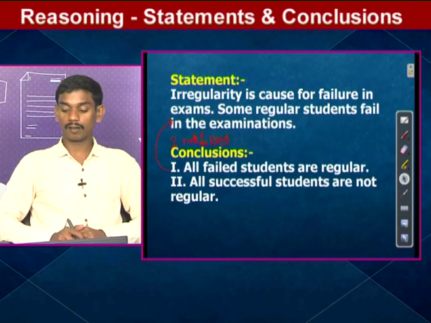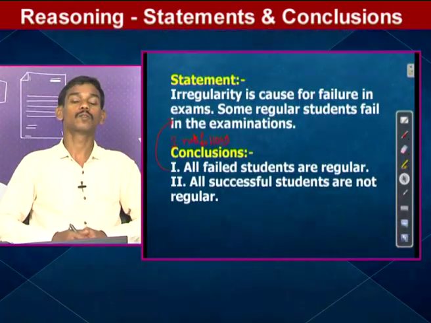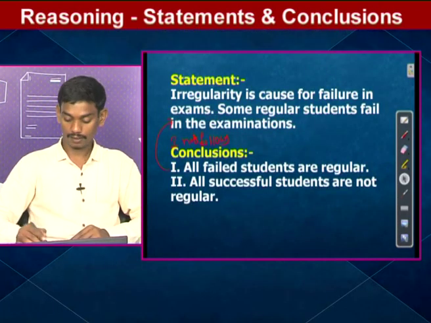So come to the second. All successful students are not regular. First of all, come to the conclusion. In the given statement, some regular students and some irregular students failed. Some regular students failed means some regular students passed. Yes, is it true? For example, there are 20 regular students.